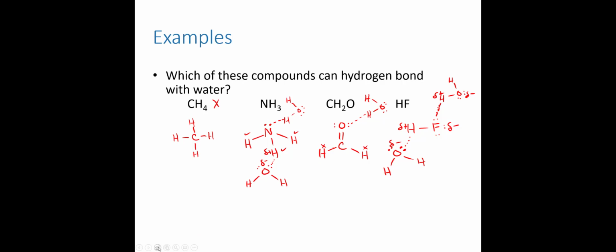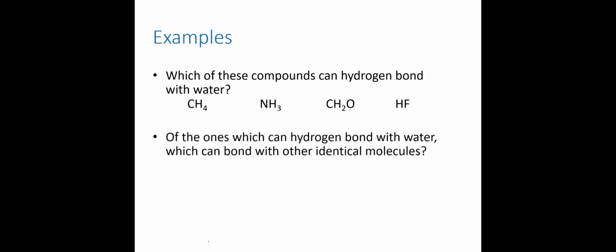Now I'm going to change the question up a bit. So, of the ones that could hydrogen bond with water, that would be these three here, which of them can hydrogen bond with other identical molecules? In other words, can NH3 hydrogen bond not with water, but with other NH3s?